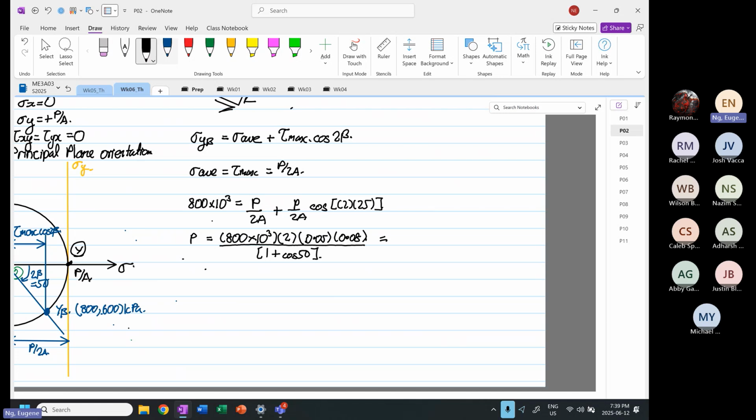Okay, so 1.642. So 800 times 10 to the power 3 times 2 times 0.05 times 0.08 divided by 1 plus cos 50. So it's equal to 3.896 times 10 to the power 3 Newton.